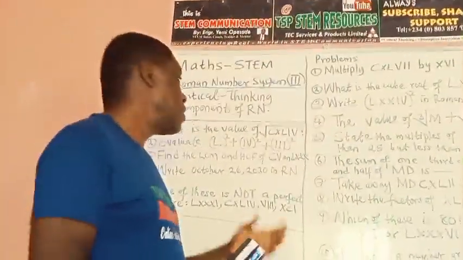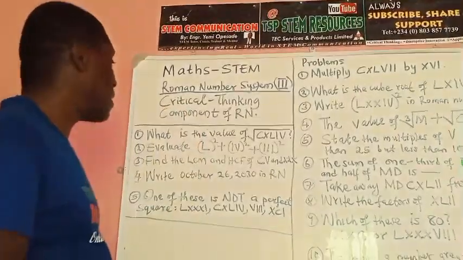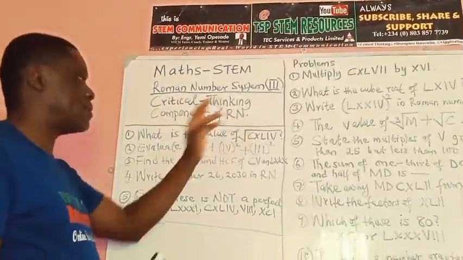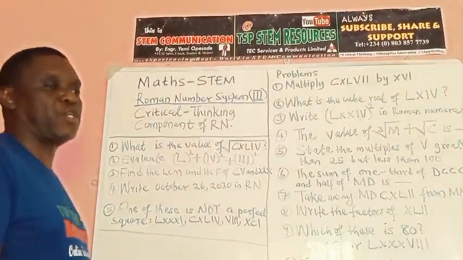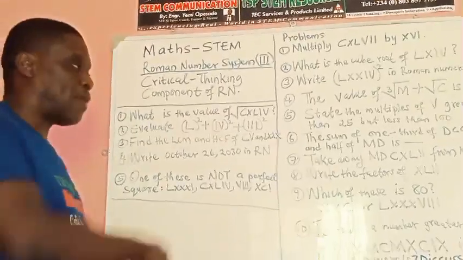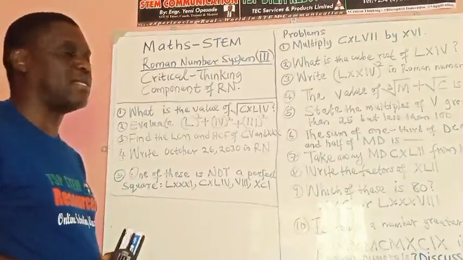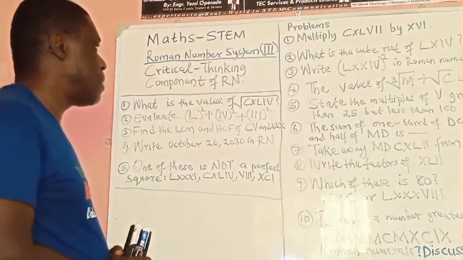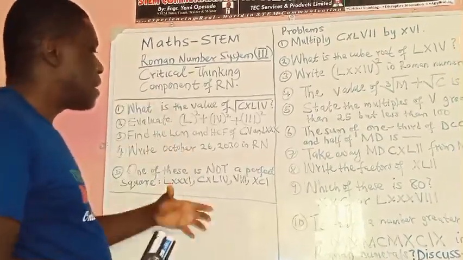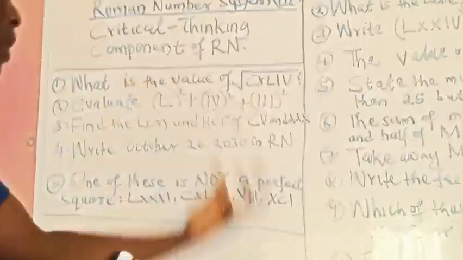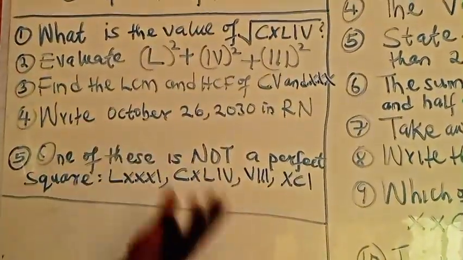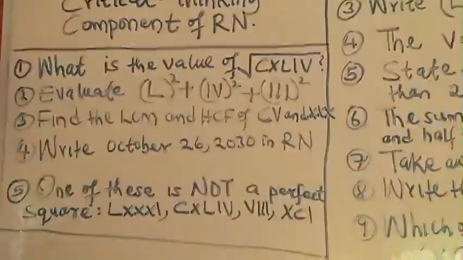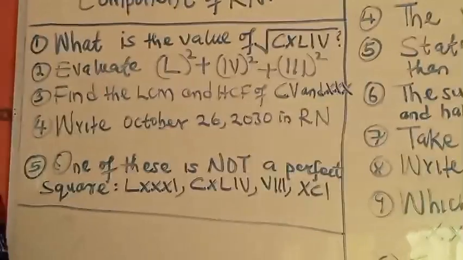So I welcome you to the critical thinking component of Roman numeral system application. We have done the foundation. We have looked at how numbers are formulated or generated in the Roman numeral system. Now let's look at the application, which you will confront in all kinds of examinations.